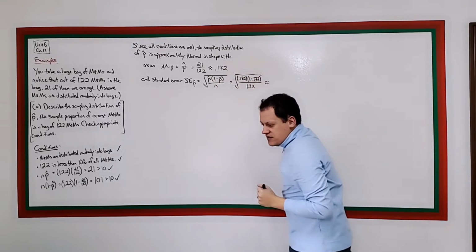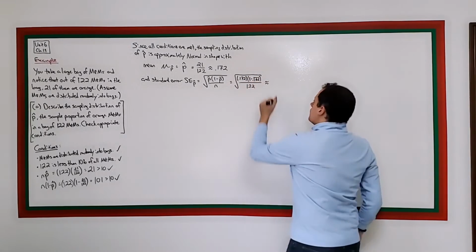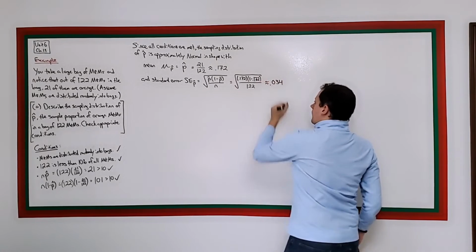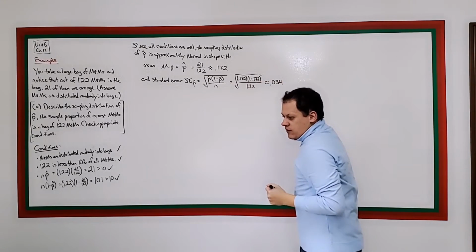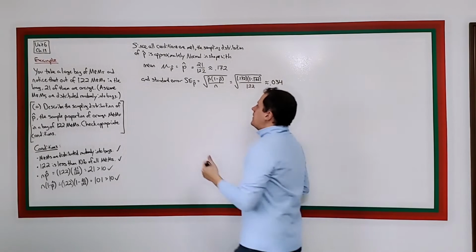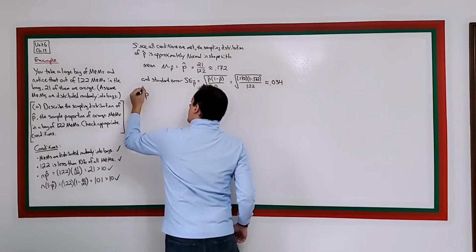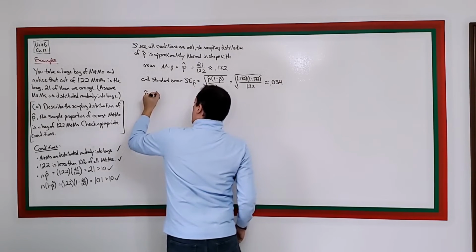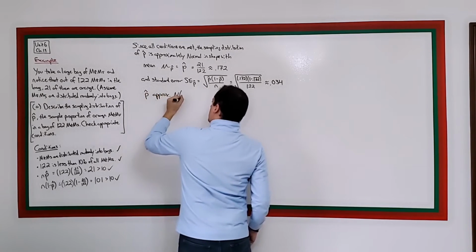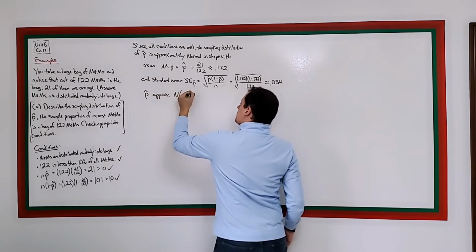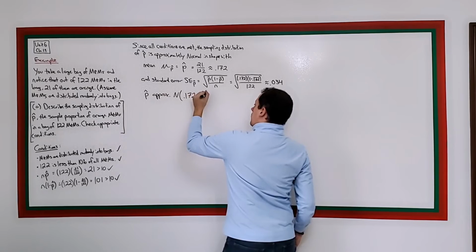I believe I also have the decimal for that. That's 0.034. Cool. So we can say p hat is approximately normal, with mean 0.172 and standard error 0.034.